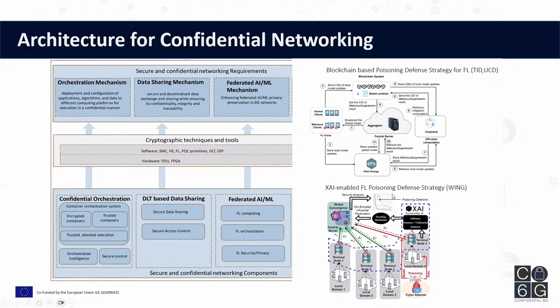It uses explainable AI technology to interpret the parameters collected from users, and when they detect sensitive parameters, they directly block the user or delete the parameters. Thus, poisoning defense could be provided.